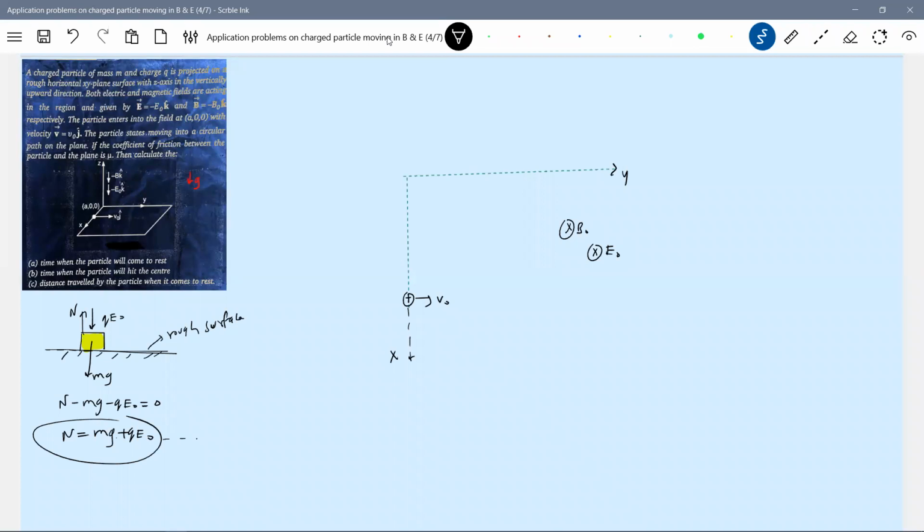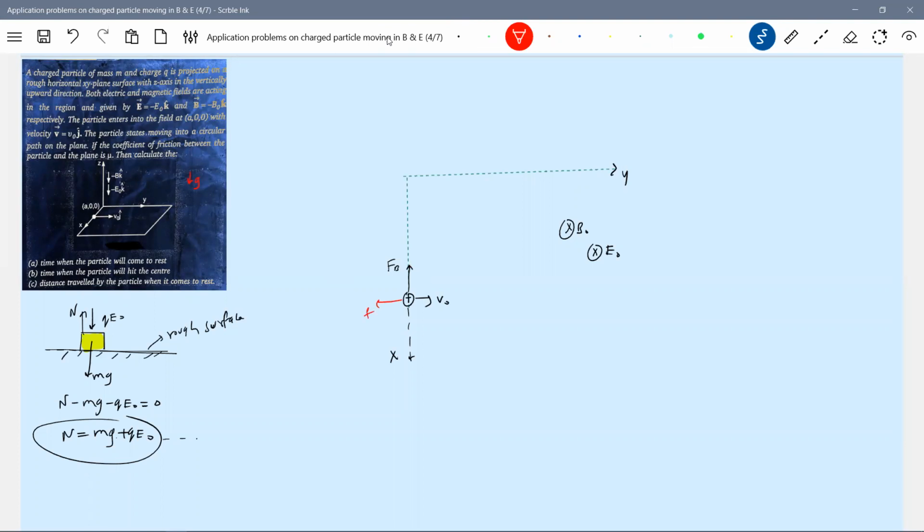Then what direction will the friction act, and there's also a magnetic force. The electric field is acting into the plane of paper. Now the magnetic field: by Fleming's left hand rule, B bar and V naught, there's a magnetic force acting here. Then the friction will also act.